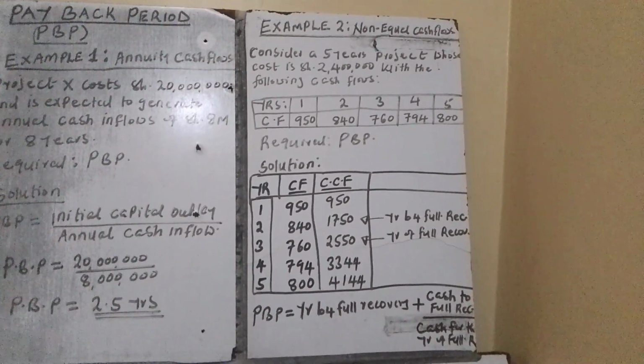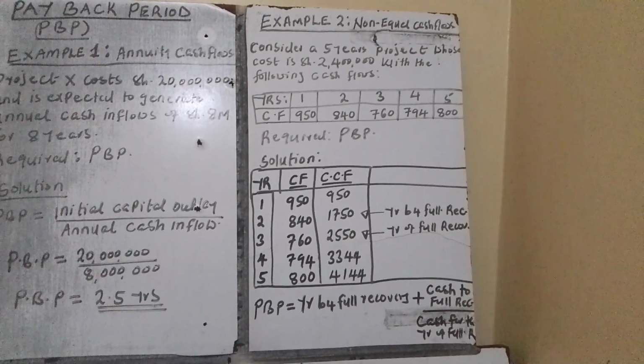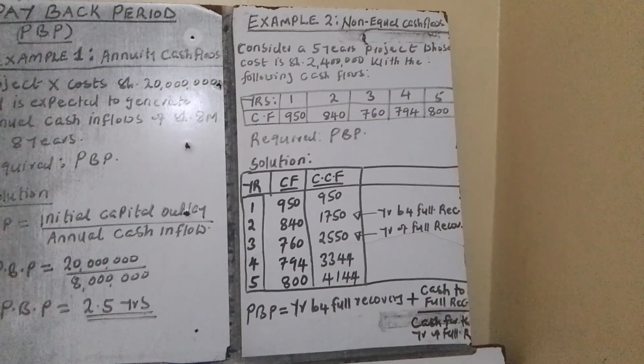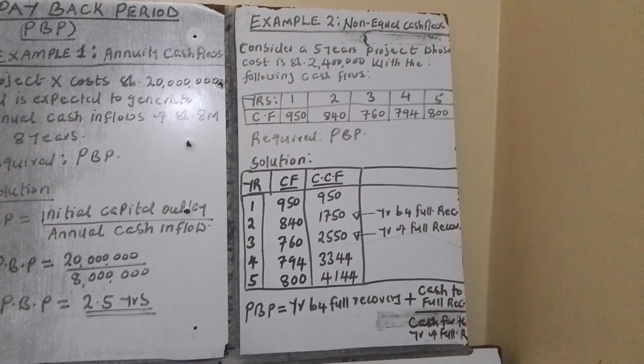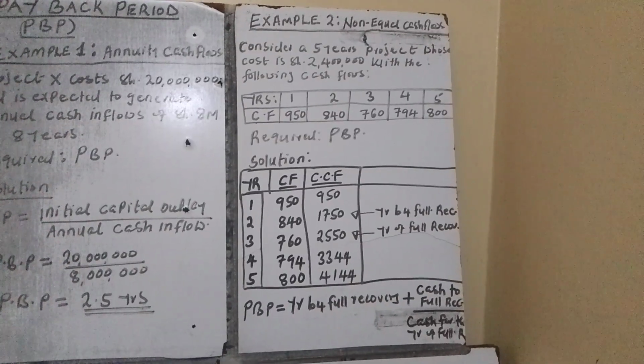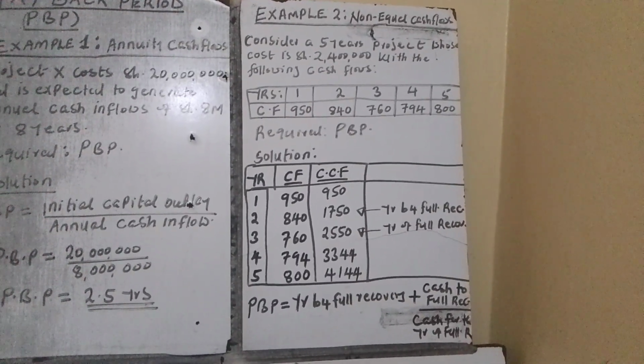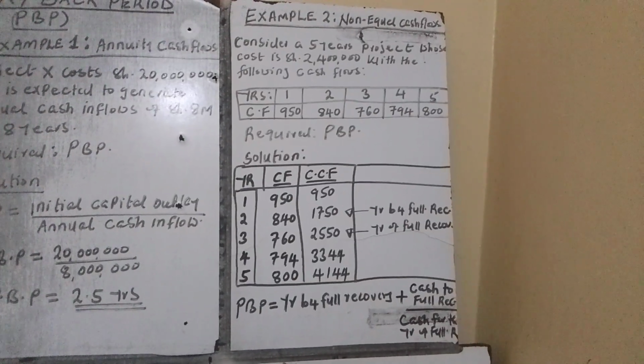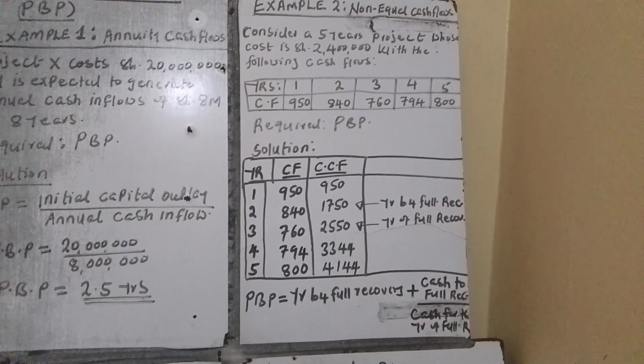The second situation arises where the cash flows are not constant, like in our second example, whereby the project cost you 2,400,000, but for these 5 years, the cash flows being generated are different.